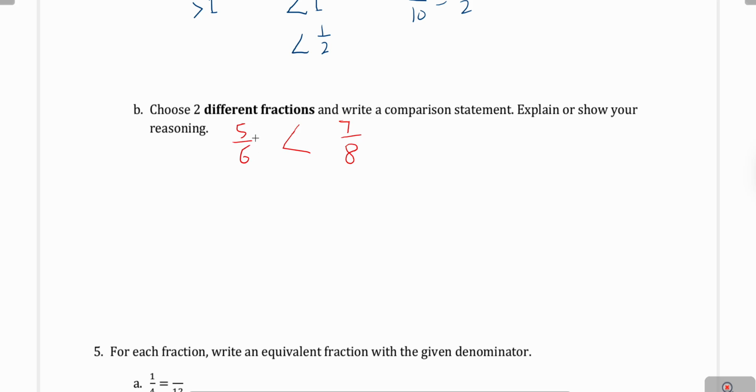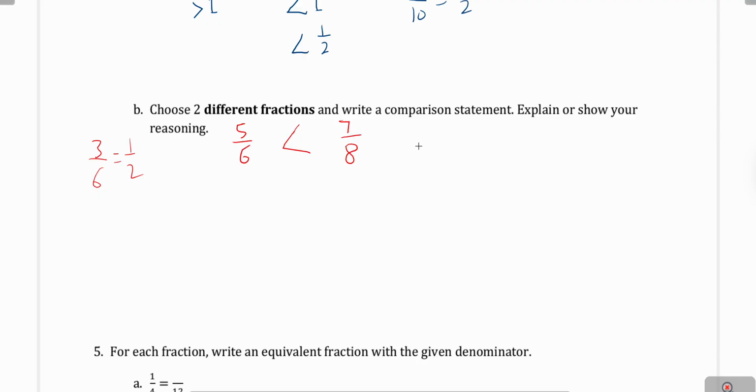So both of these fractions are more than half because I know that 3/6 is half. So this is 5/6. Both of these fractions are more than half, and both of these fractions are less than 1.